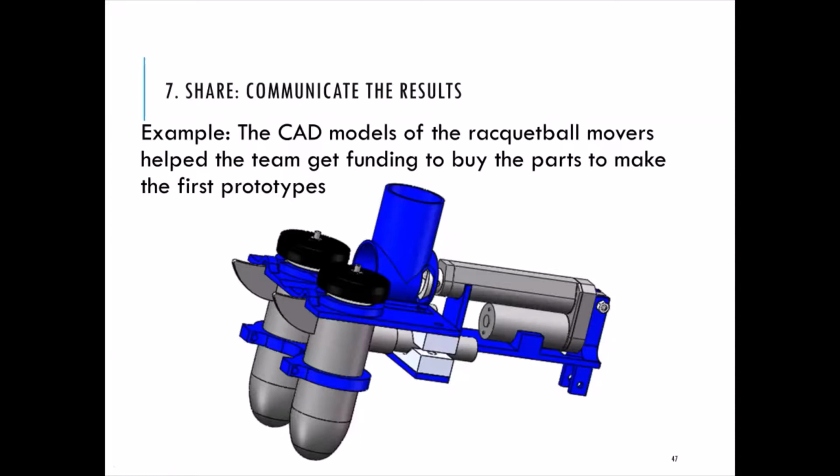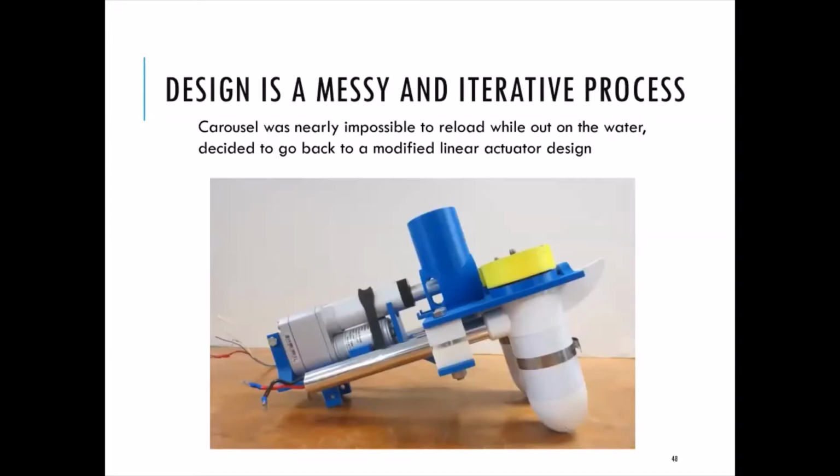Okay, and for us, it was important to do that earlier on, with our CAD model, so that way we could get funding to actually buy the parts that we need to make the prototypes. So CAD is an extremely useful tool because it allows people to see what you're working on before you actually have it built, and it can get them excited about your design and want to potentially help you fund it.